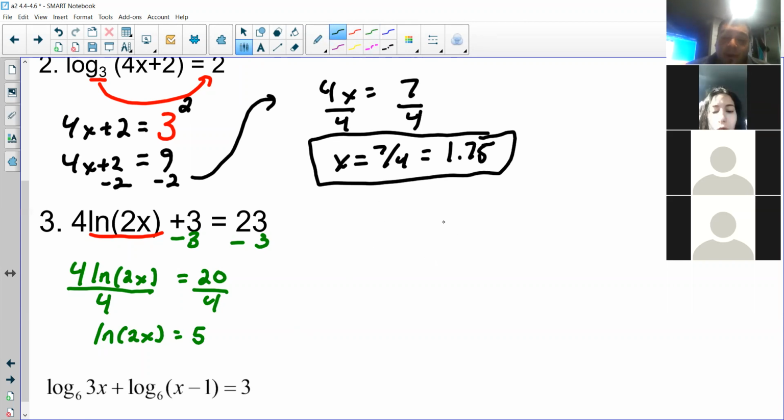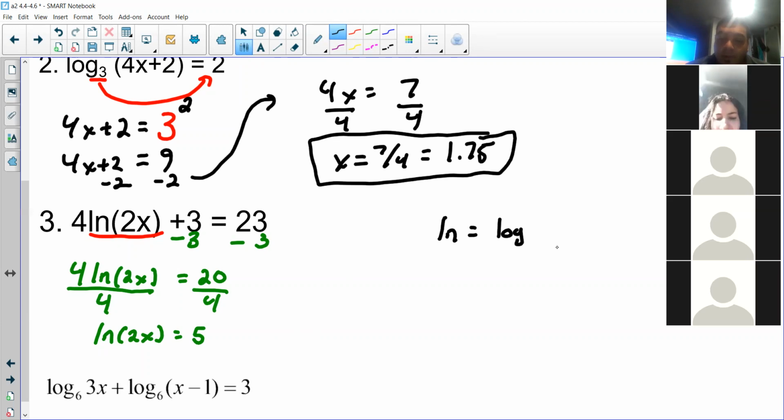Now, Ella, do you remember what ln equals, or what type of log it is? Log e? Yeah, good. Log e. So ln is the same as log e. When you don't see a number, like a plain log, that's log 10, okay?